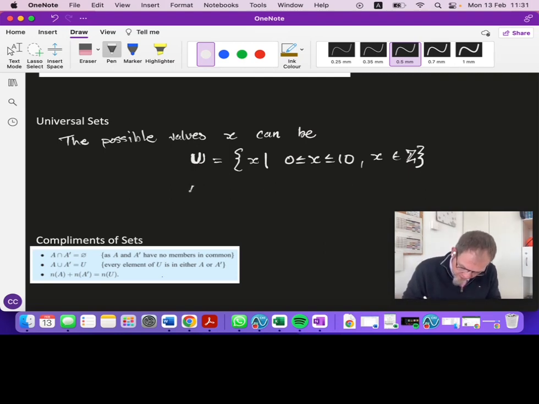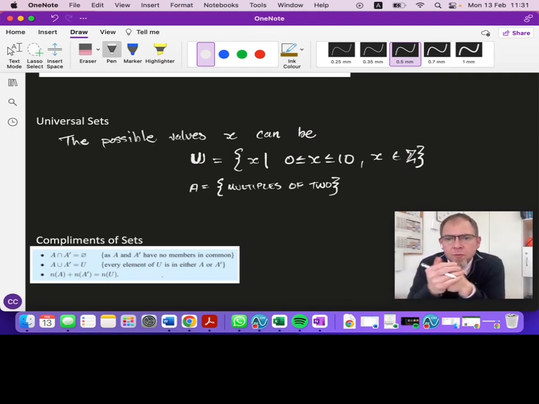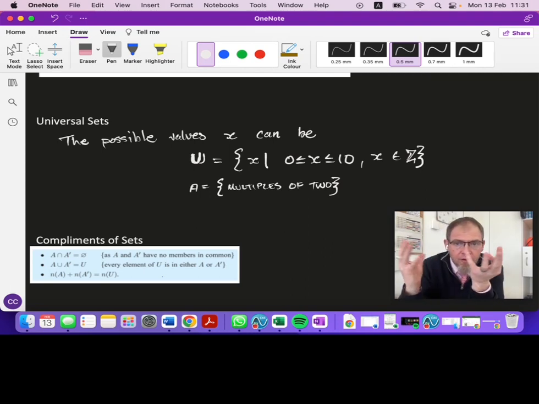And then from there, what if I said that A is, let's say, the multiples of 2? If A is the multiples of 2, technically, we could go -4, -2, 2, 4, 6, 8, 10, 12, all the way up there.